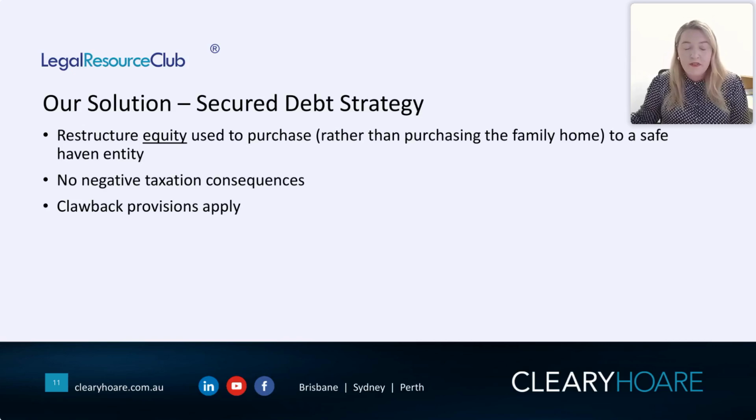And this involves, rather than moving the assets themselves, protecting the equity or the net value of those assets that are owned by the risk individual. So, like it says on the screen, it involves restructuring the equity that was used to purchase the assets to a safe haven entity, which will ordinarily be a discretionary trust.